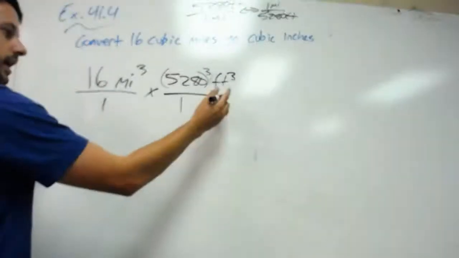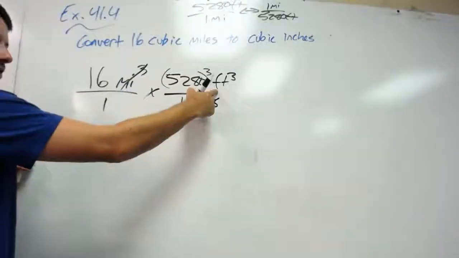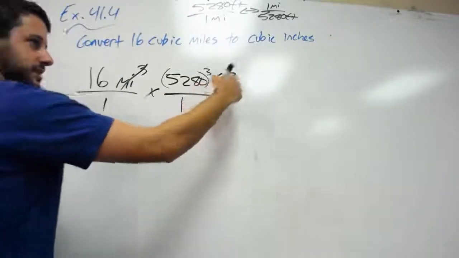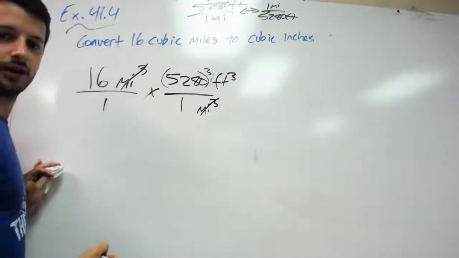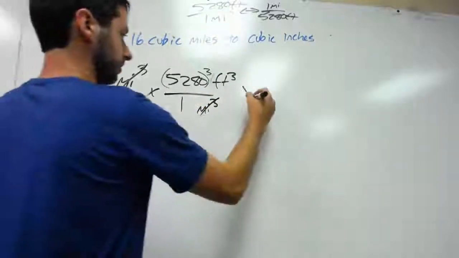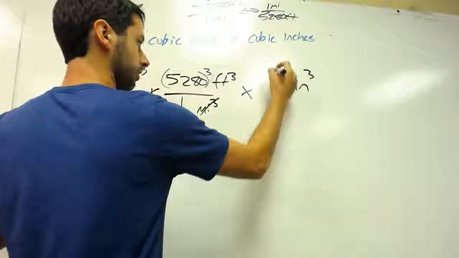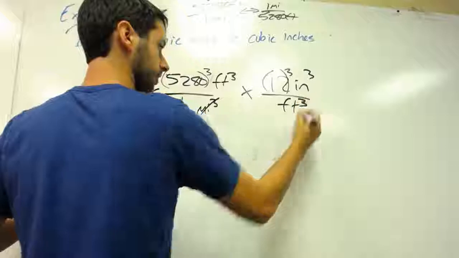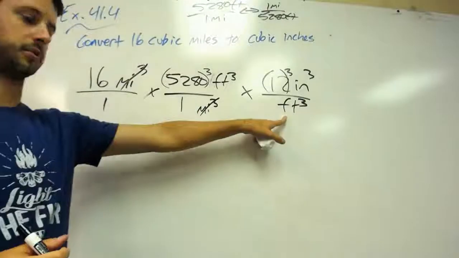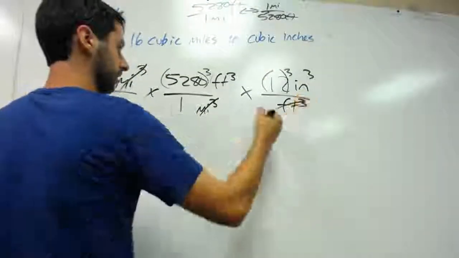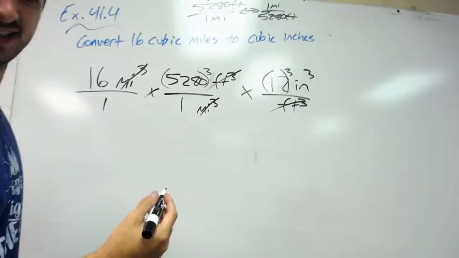So now we're at feet cubed for our measurement. How do we get from feet to inches? Do we know how many inches are in a foot? Yes, we do. We're going to put 12 inches, and we're going to cube them. And we're going to put feet cubed on bottom. So now these cross out. And like I said, you can write your answer simplified.